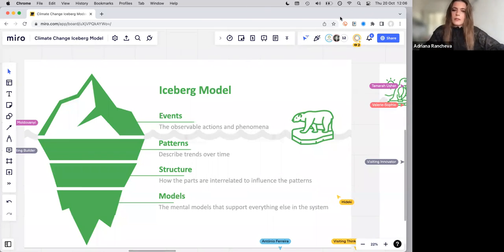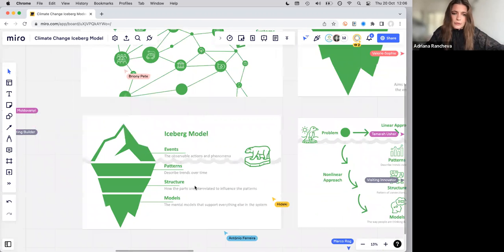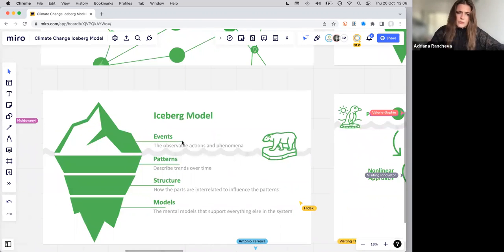So the iceberg model is used to represent the underlying structures generating a perceived event or issue. And the expression tip of the iceberg is used to connote that what one can see is only a small part of the whole system and the whole situation.